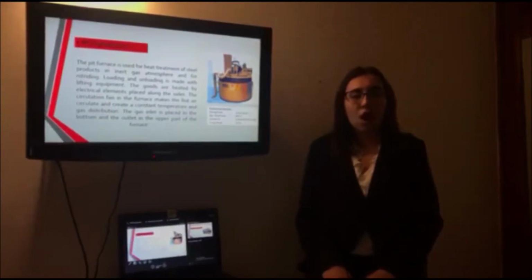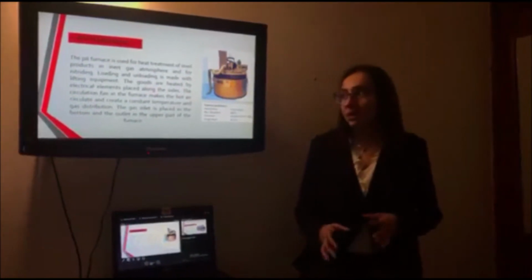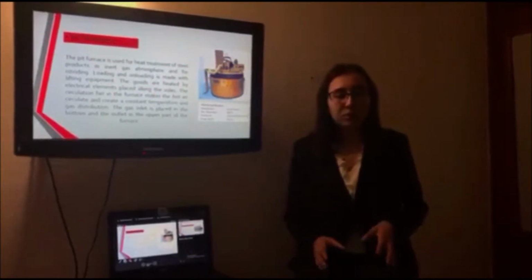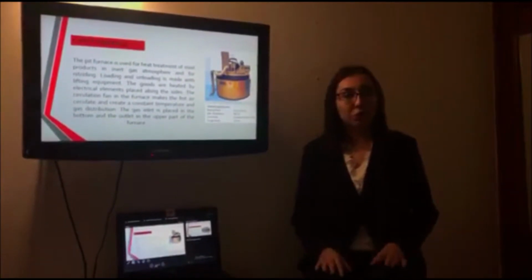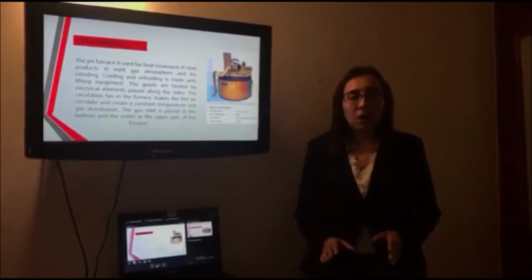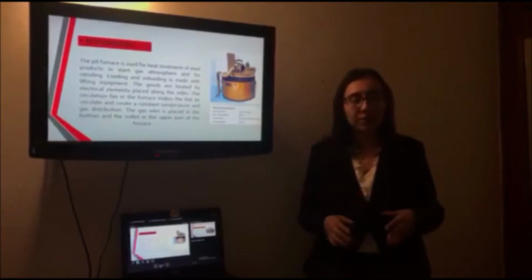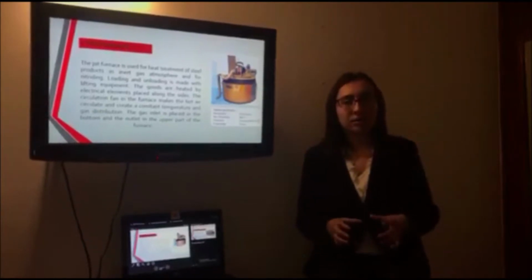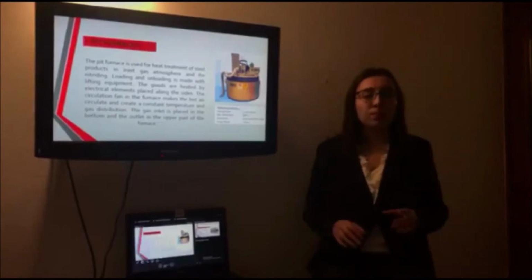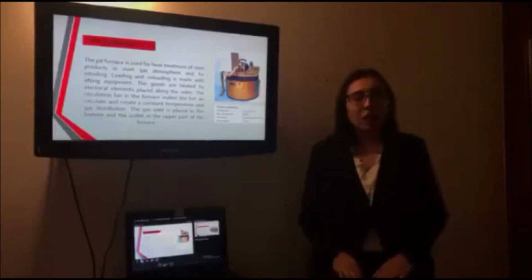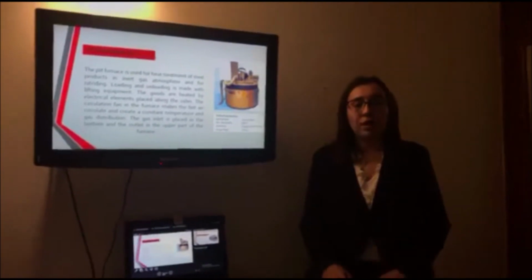The goods are heated by electrical elements placed along the sides, and a circulation fan in the furnace makes the hot air circulate and creates a constant temperature and gas distribution. The gas inlet is placed in the bottom, and the outlet in the upper part of the furnace.